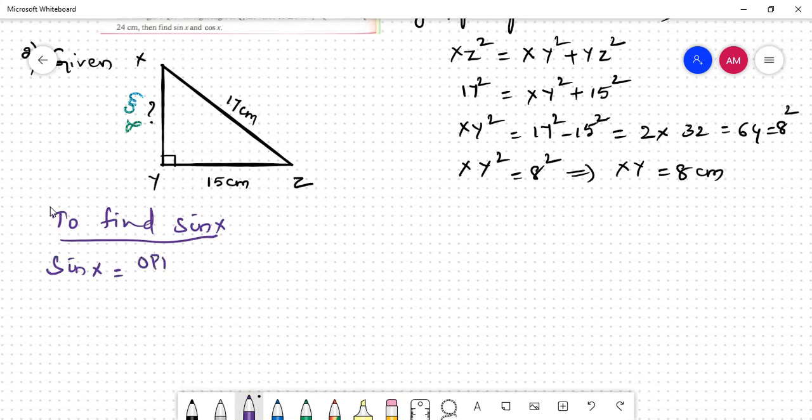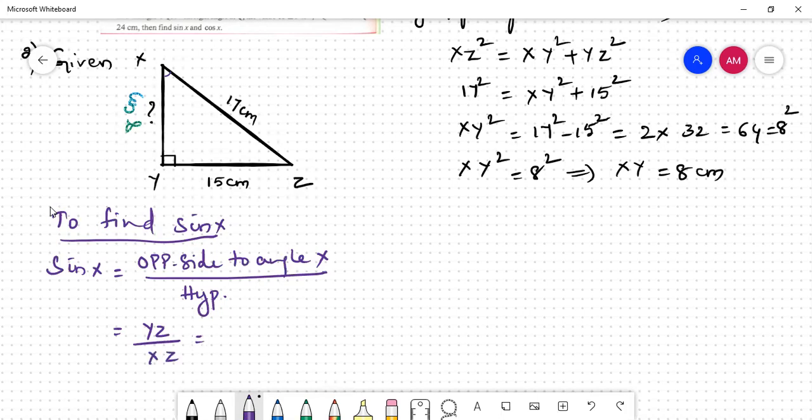Opposite side to angle x by hypotenuse. Very good. What is the opposite side to angle x? YZ. And the hypotenuse is XZ, 17 centimeters. So YZ is 15 centimeters divided by XZ, 17 centimeters. So sin x is equal to 15 by 17. That's all.